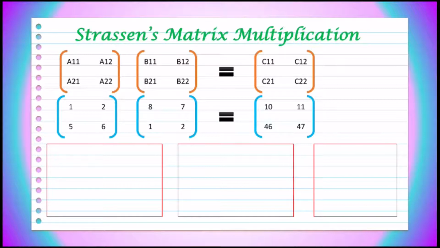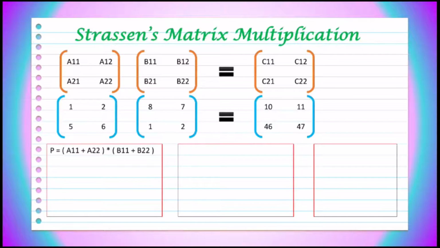So first we have to calculate the values of P, Q, R, S, T, U and V. So first we will calculate the value of P. So this is the formula for P, A11 plus A22 into B11 plus B22.